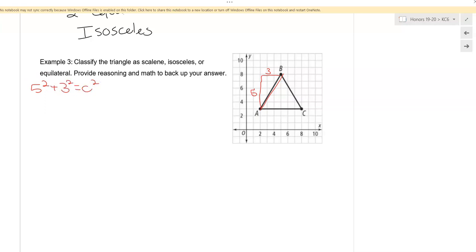This is going to be the same work as our previous problem, but in a new problem, we should show this again. It's only in the same problem that we don't have to redo the work. 25 plus 9 is 34. So then c equals the square root of 34.